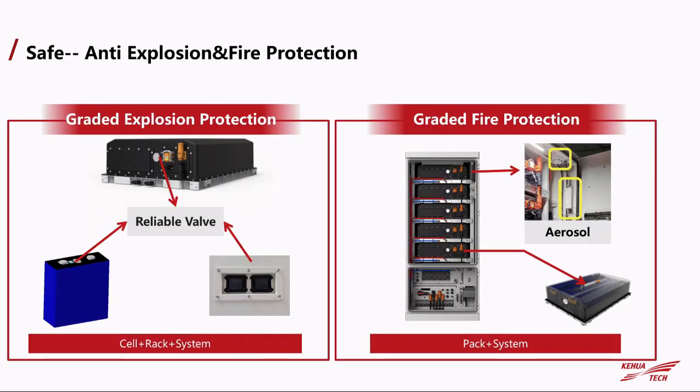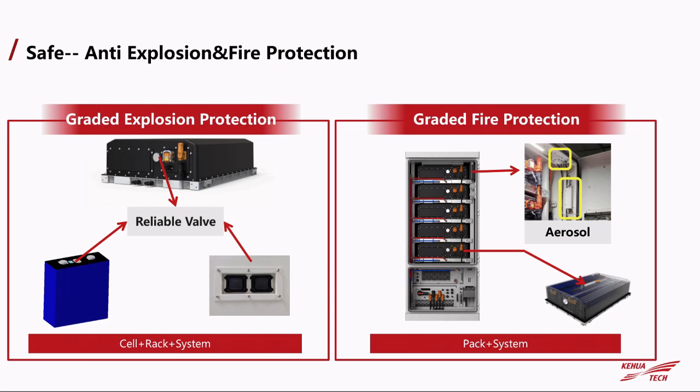As you can see, we know that for a lithium-ion battery system, safety is one of the most important factors we need to consider. So let's talk about the safety of our eStore system. There are three graded levels of explosion protection. As you can see, this is a battery cell, the battery pack, and the battery cabinet.